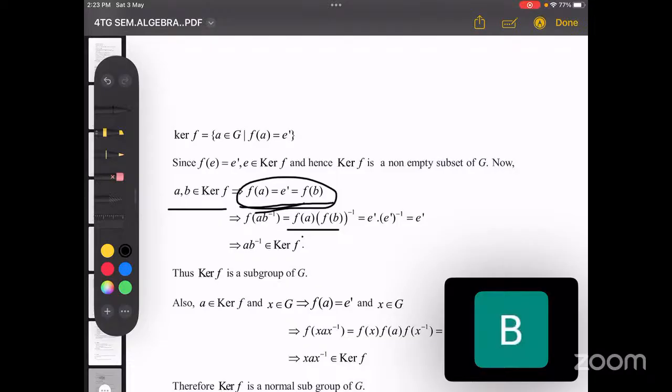So f of ab inverse also equals e dash, from the definition. Therefore, ab inverse belongs to kernel of f. Thus, kernel f is a subgroup of G. So it is satisfying the condition of the subgroup.